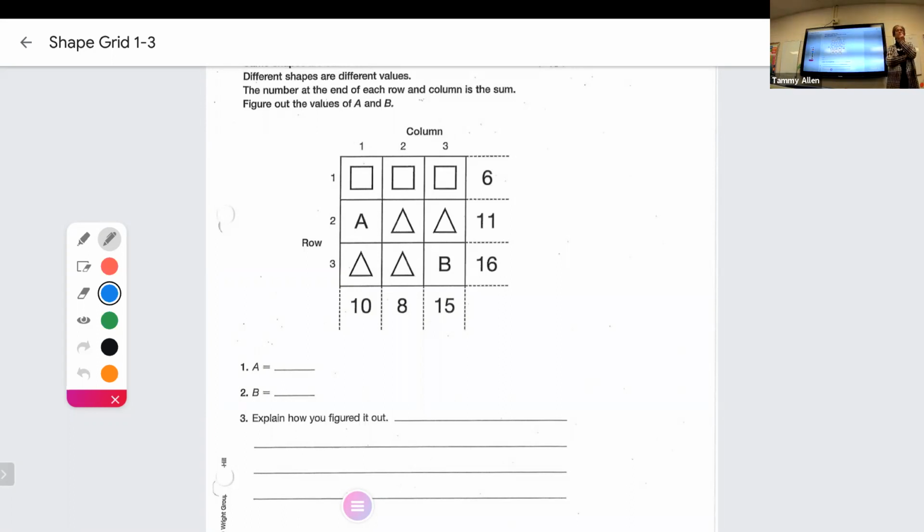Okay, and what did you do with row 1? Filled it in with all 2. That's the only thing that can work. How do you know that's the only thing that can work? Because 2 times 3 equals 6. That's how we know that, okay? Did anybody else start with row 1?